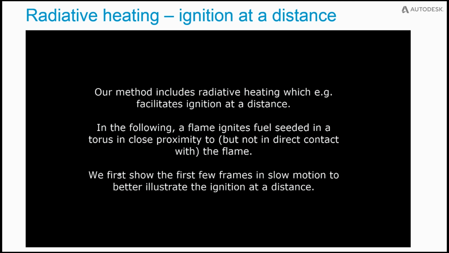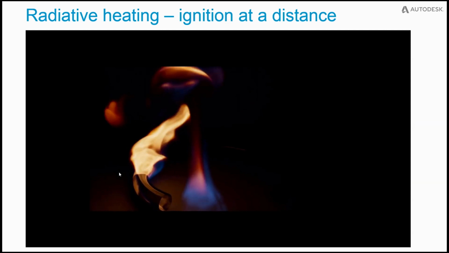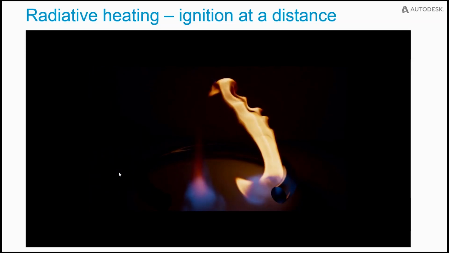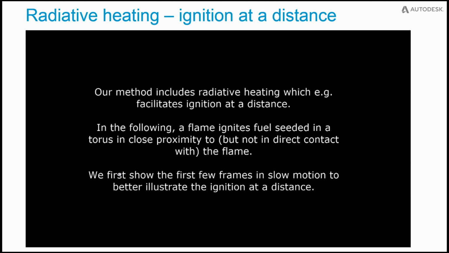So here's an example of what radiative heating can bring to graphics: ignition at a distance. So here we ignite a fuel source, which is close to but not in direct contact with another fuel source. It then, due to radiative heating, ignites the second fuel source, which then in this case travels along a torus where fuel was emitted and burns along that.